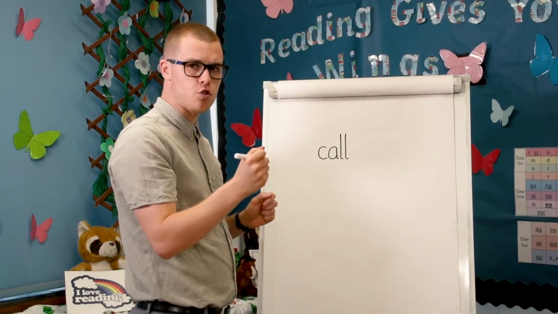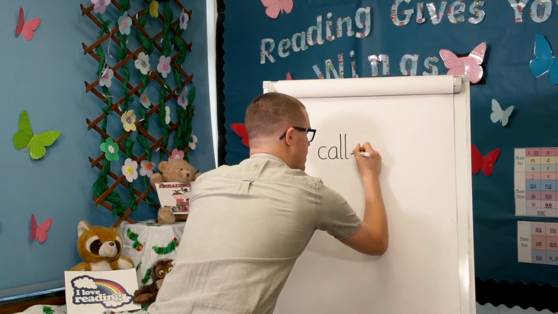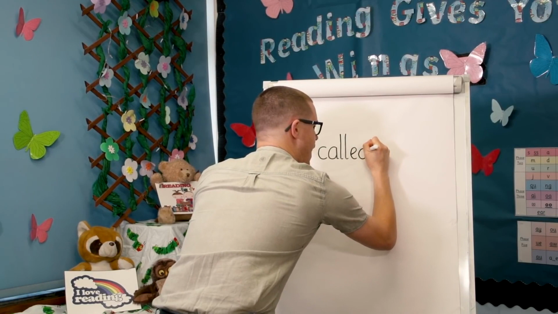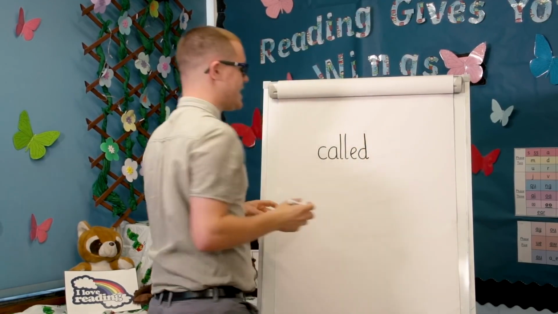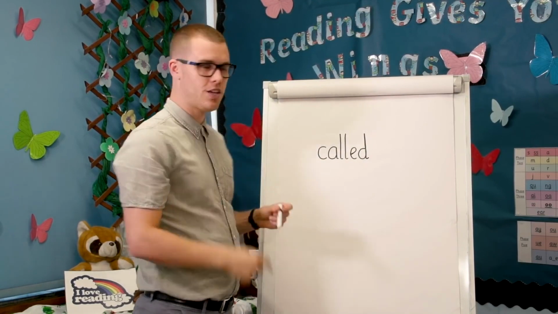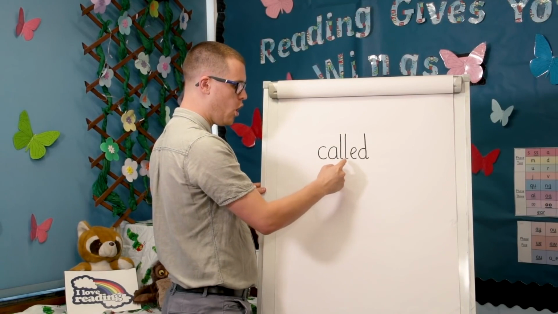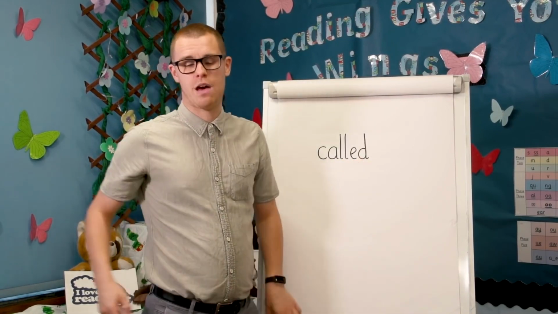And the second tricky bit is at the end of the word. The letters E and D say d. Called. K, or, l, d. It has 4 sounds.